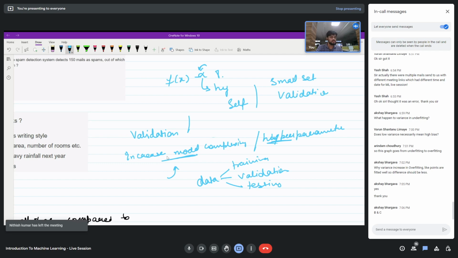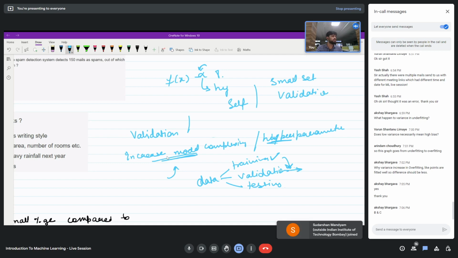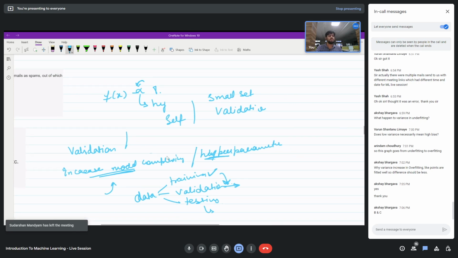Now what happens is you train on the training data, you test on the validation data, and when you are satisfied based on this validation, you choose this model complexity or different kinds of hyperparameters that you have to tune, and then you deploy it in the real world. This is the idea of a validation data set.